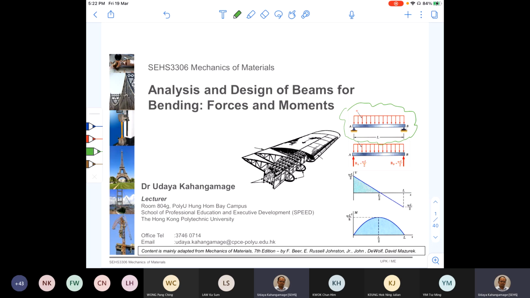Once you cut open this member at any point between the load application points, and then draw a free body diagram, you see your reaction force and the externally applied distributed load. This is the point A, and I just cut at X, and then internally you see two forces.